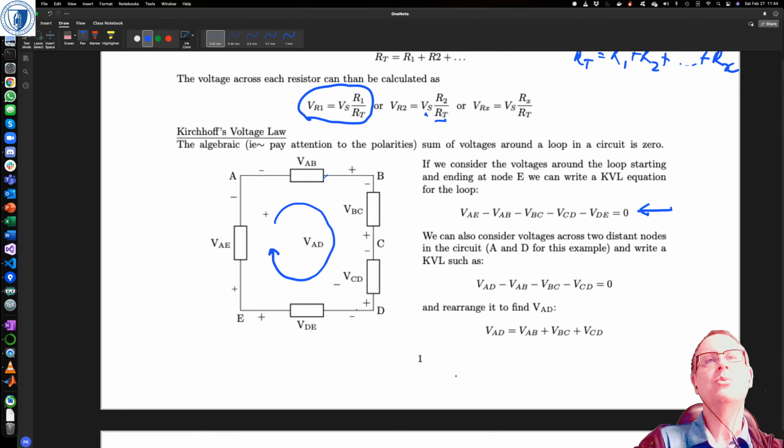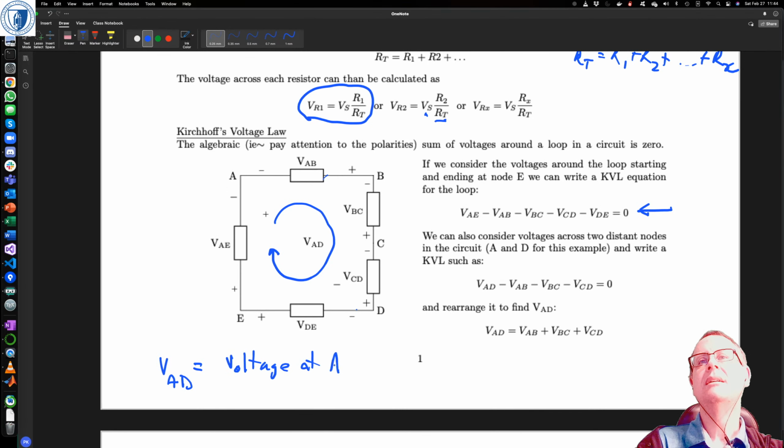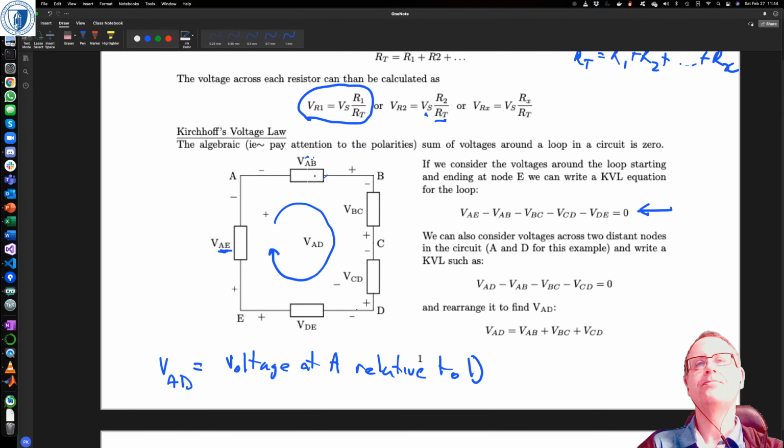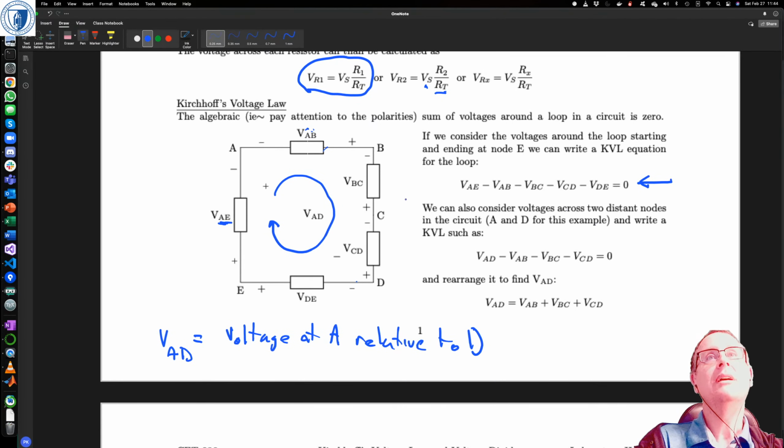The way to read all of these is, VAD is the voltage at A relative to D, the voltage at A relative to E, the voltage at A, I probably would have done that the other way around, relative to B, etc. What this one is doing is taking this voltage as a single voltage, VAD, and then going around the loop again.